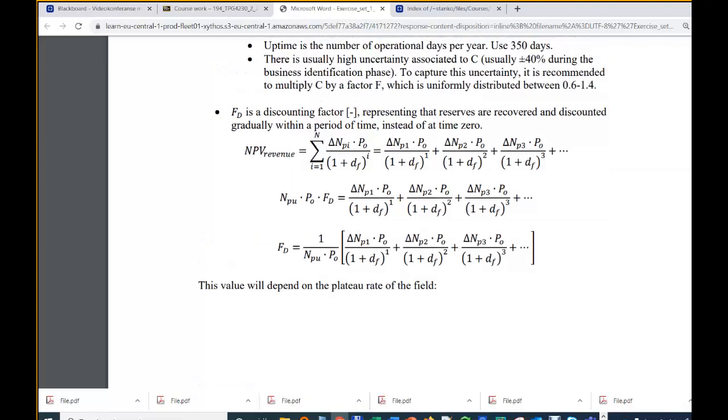I just wanted to show you what it represents, so you can compute it from the results. I suggest you use the results of problem 1, because there you had to use different plateau rates, so you more or less know how it changed. You can also change the discount rate and see how that affects the factor.